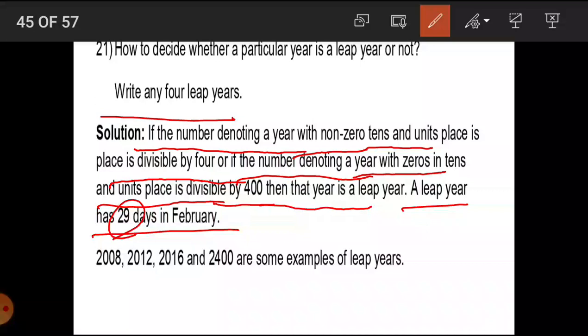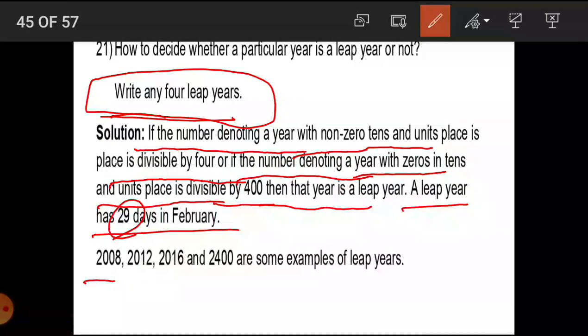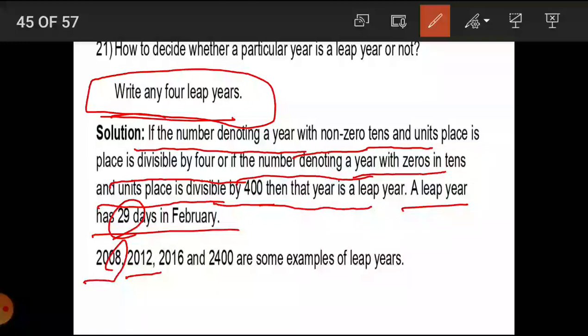Now we have to find 4 years which are leap years, for which we are going to write 2008. You will see 8 is divisible by 4. 2012, which is a leap year. 2016, which is also a leap year.